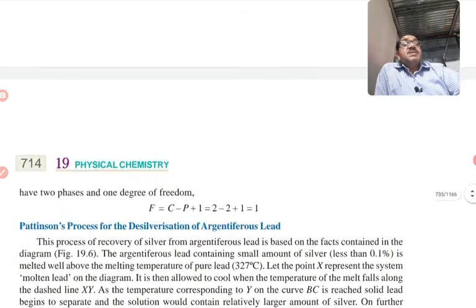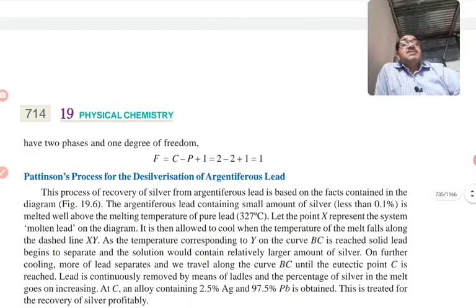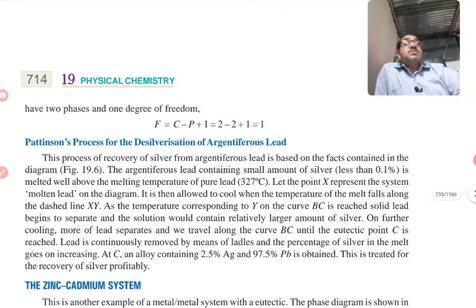Now, with the lead silver system, let us see Pattinson's process for the desilverization of argentiferous lead. This is the significance of the lead silver system. This process of recovery of silver from argentiferous lead is based on the facts contained in the diagram shown in figure 19.6.